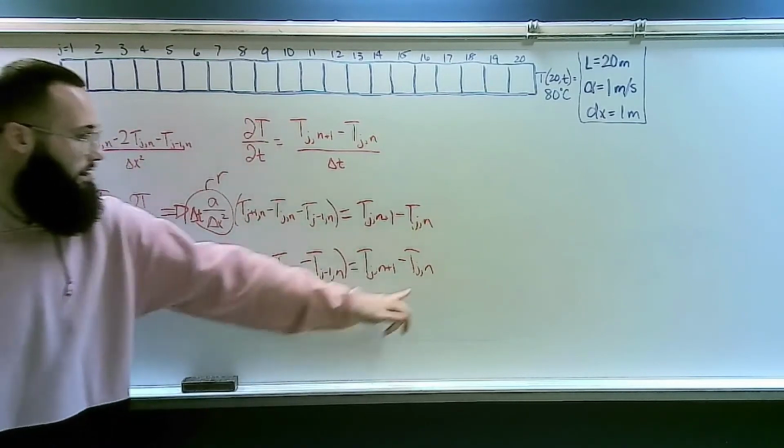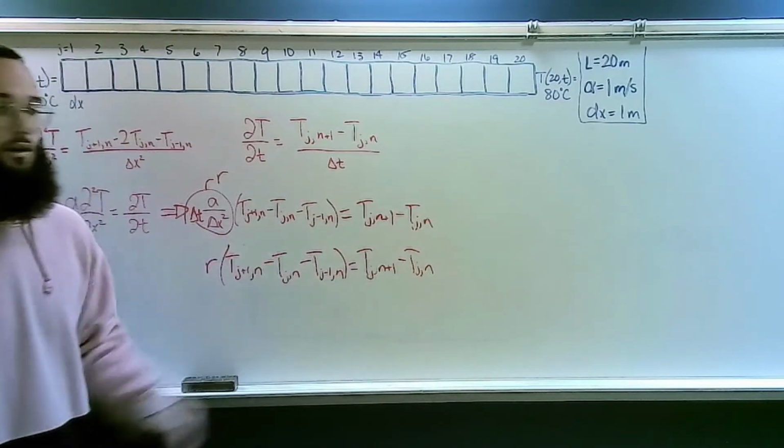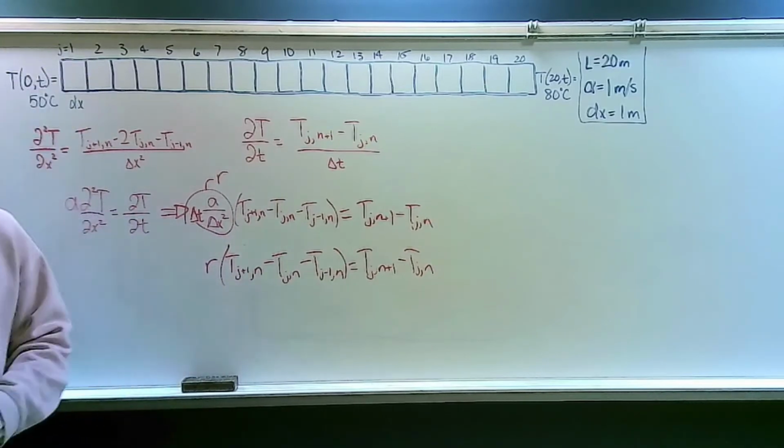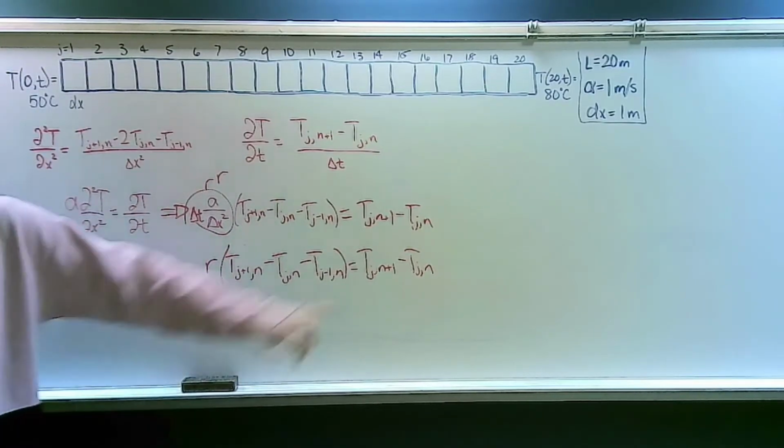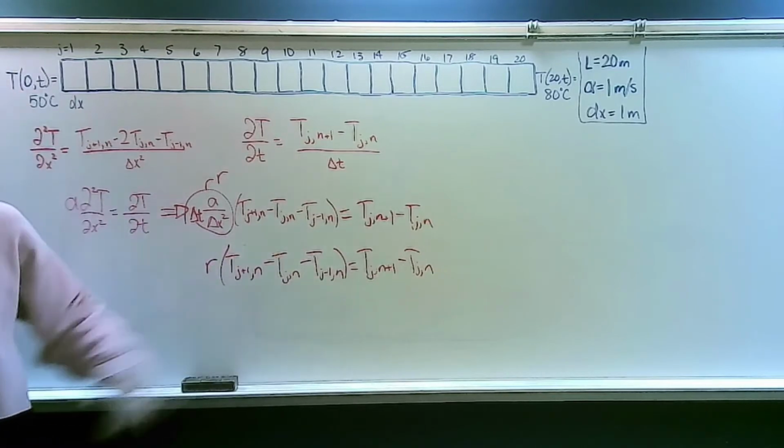As you can see, we have a T_j^n on either side that we would like to combine. So to do that, we're going to add this T_j^n to the other side.